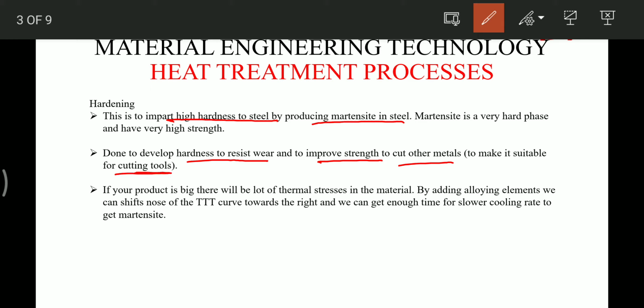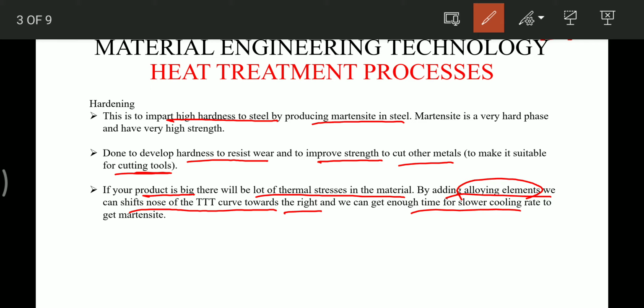Then, if the product is large, there are a lot of thermal stresses in the material. So for doing heat treatment of big material, an alloying element must be added. What does this alloying element do? It shifts the nose of the TTT curve towards the right, and we get enough time for a slower cooling rate.